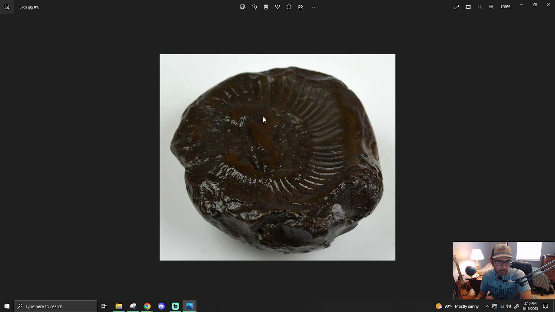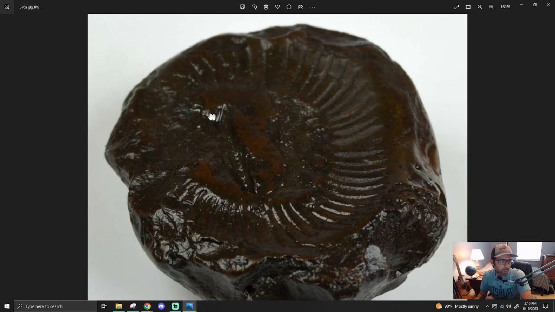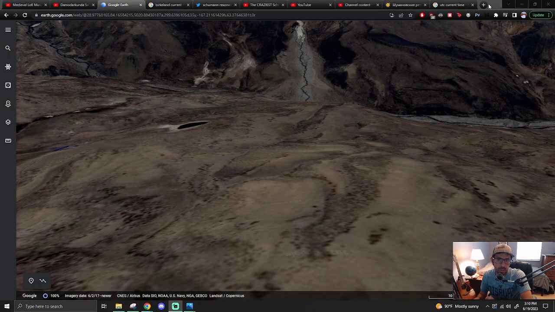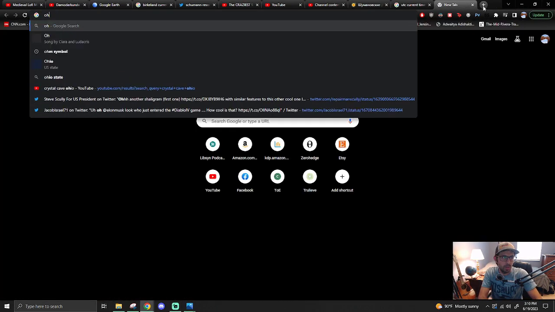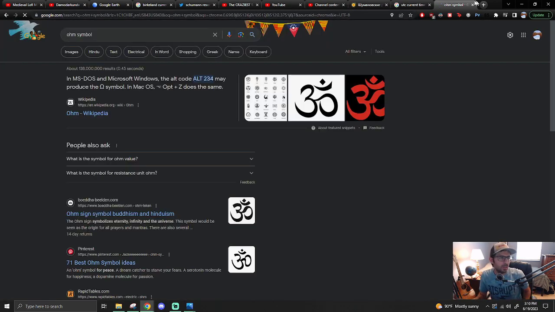This one I thought looked kind of like an ohm symbol. Am I spelling that right?